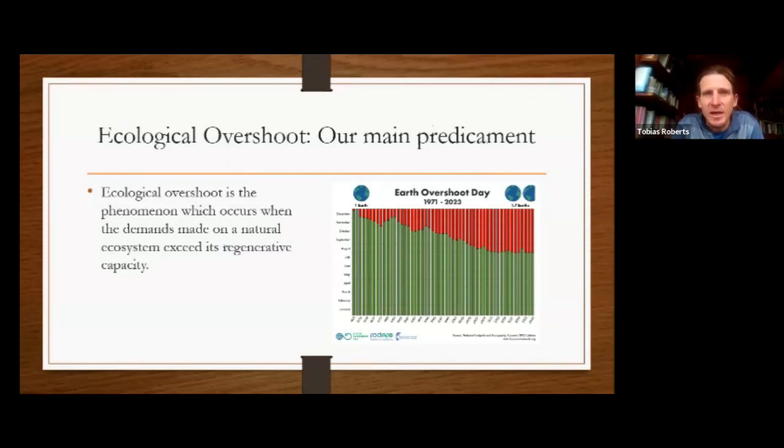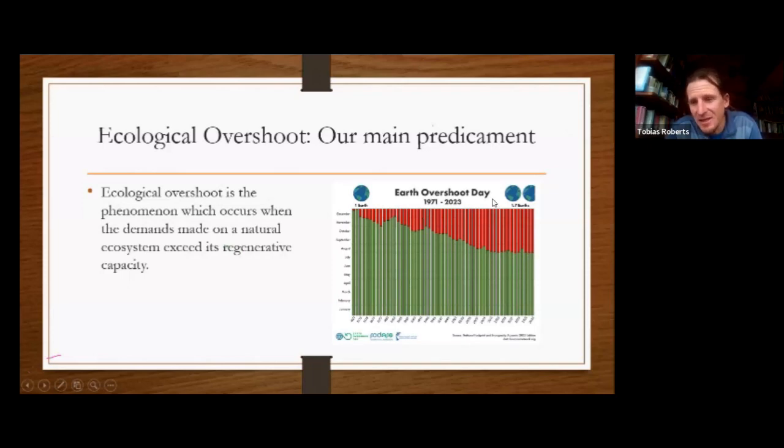So we were almost using all of the materials and energy that was available to us for that year. Obviously, before 1971, before this explosion of economic growth, people weren't using nearly the amount of materials and energy. But as you can see, this graph is going down, so that by 2023, Earth Overshoot Day is occurring in July.